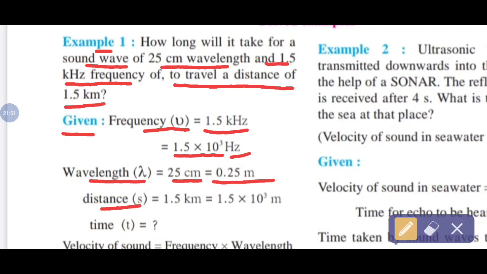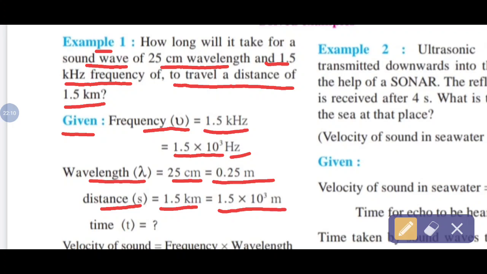Distance indicated by the letter S is equal to 1.5 kilometer. Kilometer is also a larger unit of distance, so convert into meter. 1 kilometer equals 1000 meter, 1000 means 10 raised to 3. So 1.5 into 10 raised to 3 meter.